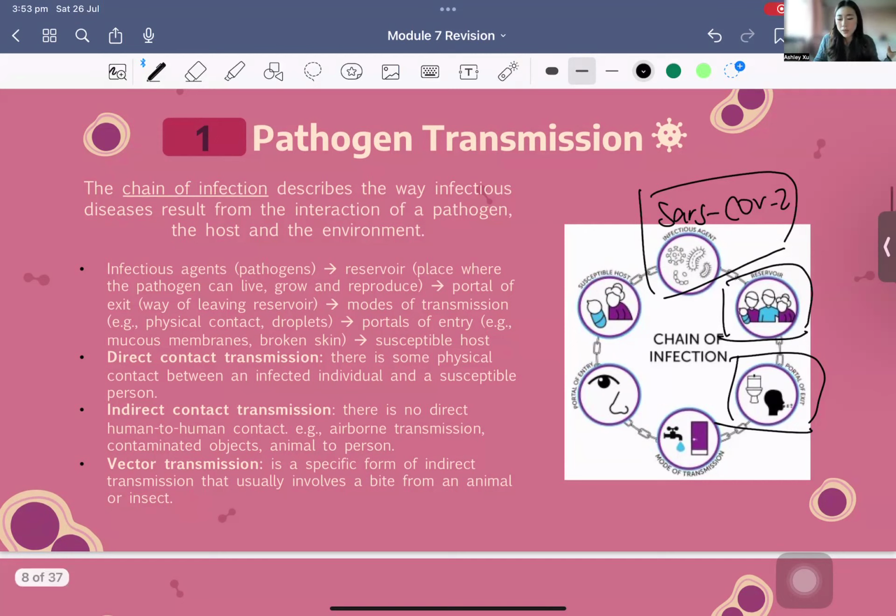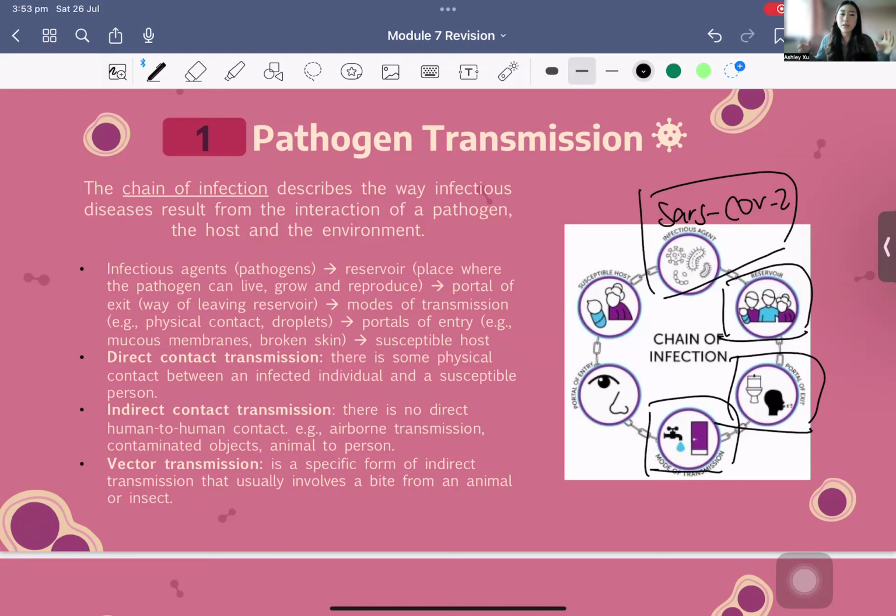Okay, next we have a mode of transmission, so direct contact, indirect contact. Direct contact is just looking at physical contact between an infected individual and a susceptible person. So there has to be physical contact that could be through hugging, through kissing, through sharing of saliva, through sexual intercourse. That is all direct contact.